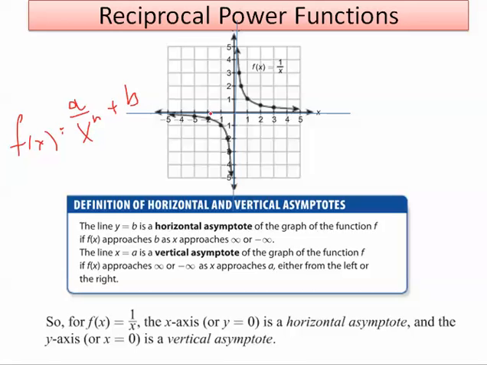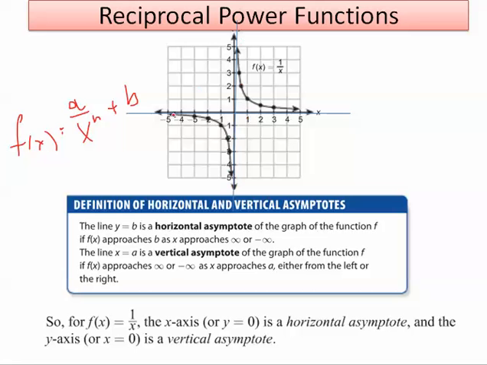So they would approach b. I'm saying y because most of the parent functions we're looking at don't have a b value out here. So they do approach b, whatever that b value is, up and down. That's the way you shift it up and down. But this x to the nth would be something that would cause this to occur. That's the horizontal asymptote.